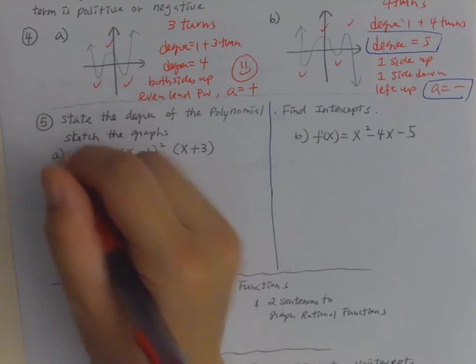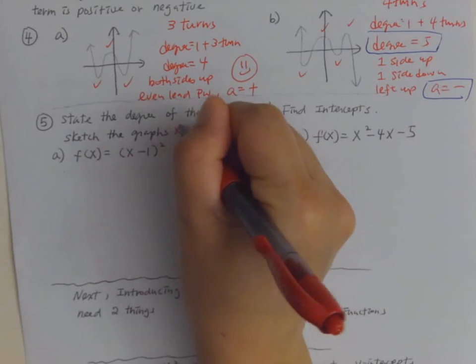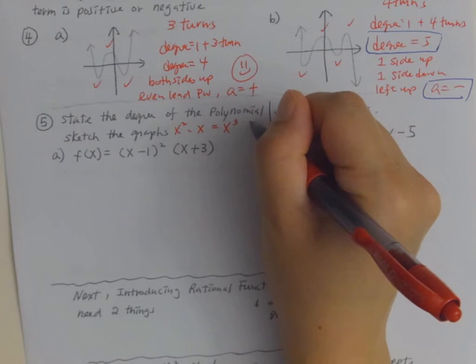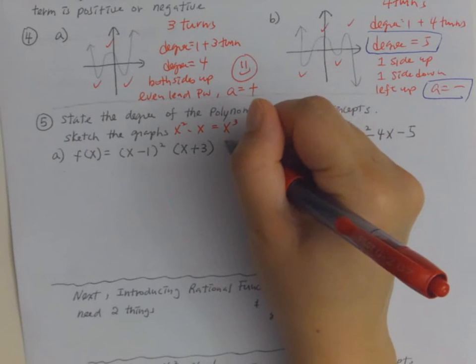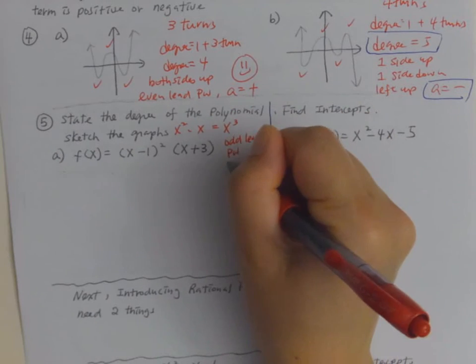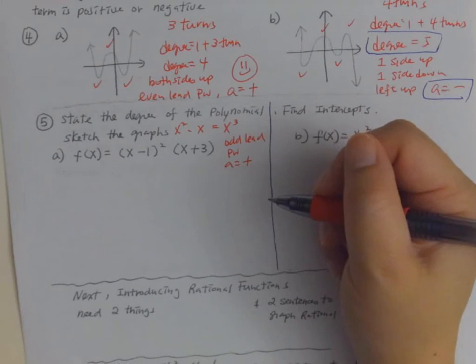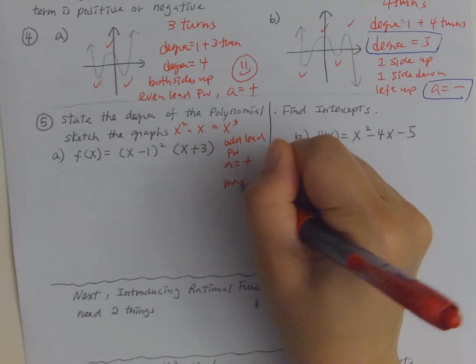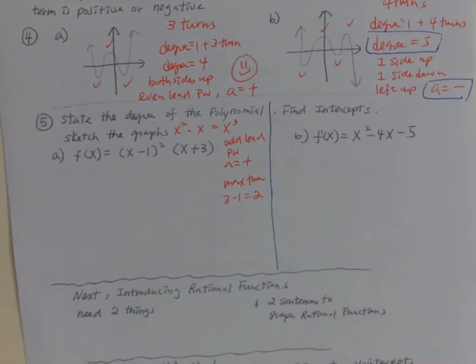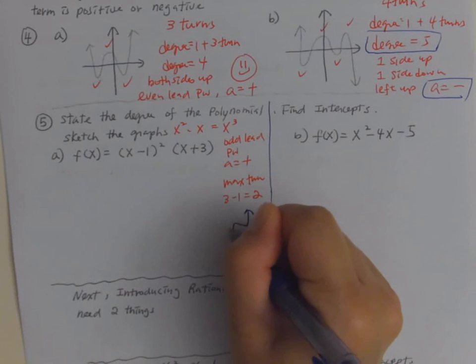This one, we have x squared and then one more x, so x to the third, degree 3, is going to be odd leading power with A positive, so the maximum turns would be 3 minus 1 equal to 2. So I know my mini graph should look like this.